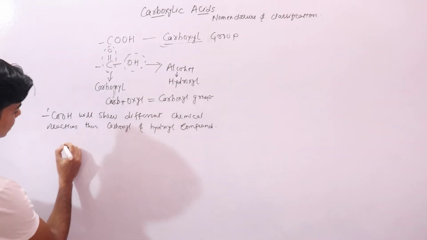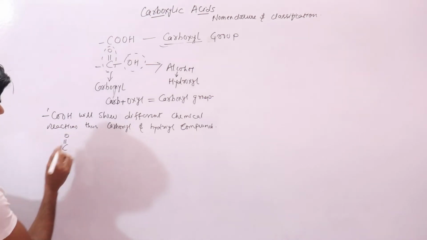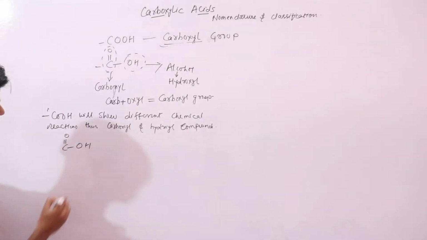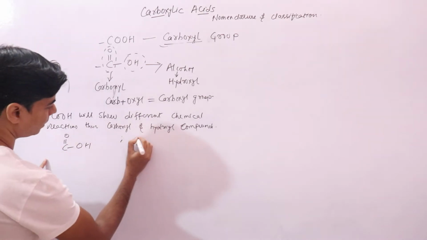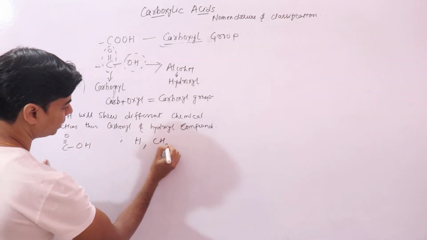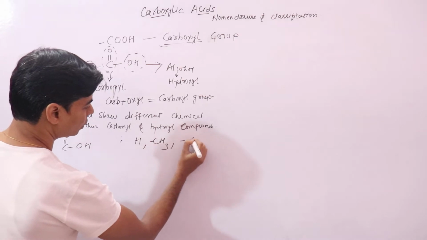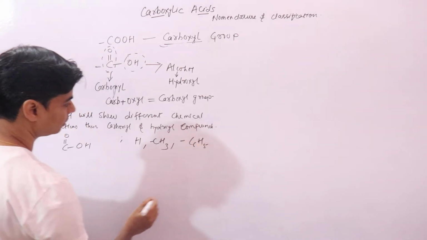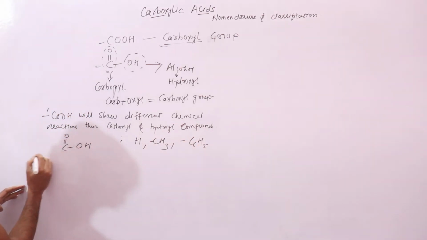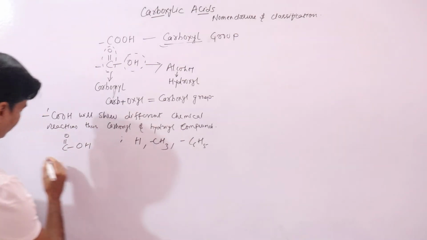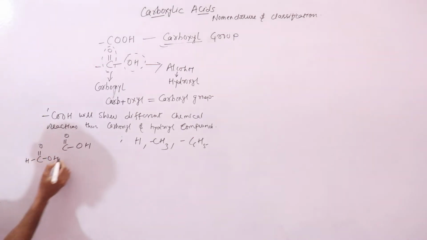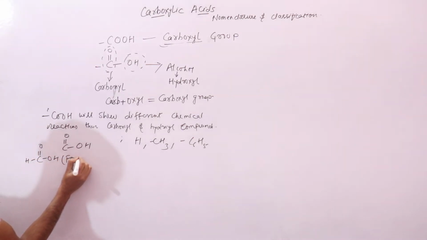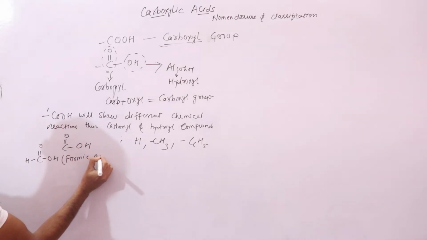Now, simple carboxylic acids are obtained by adding H, methyl, or your C6H5 benzyl group, right? So if I add H here, we know this is formic acid.